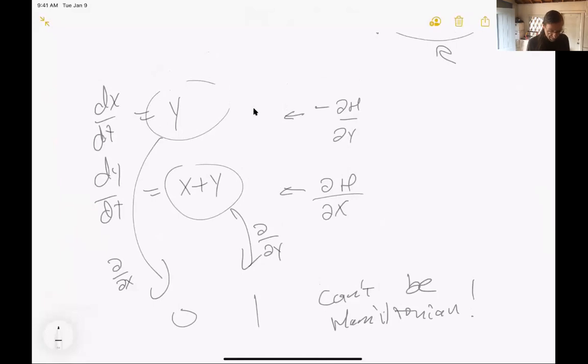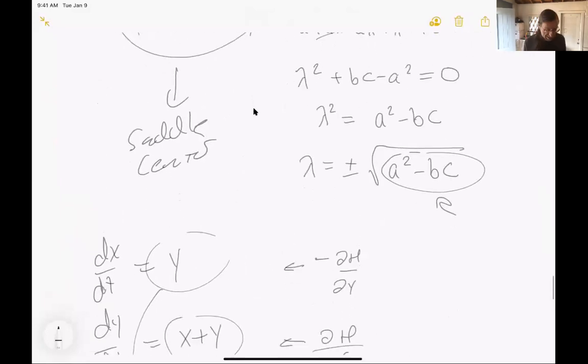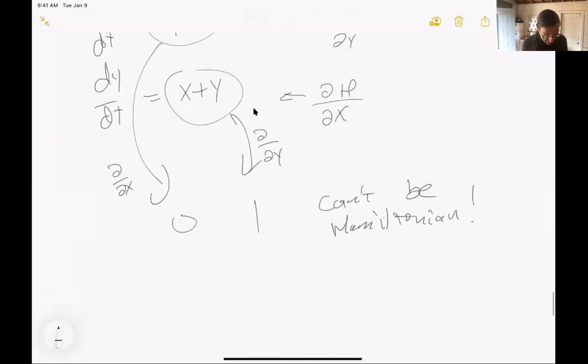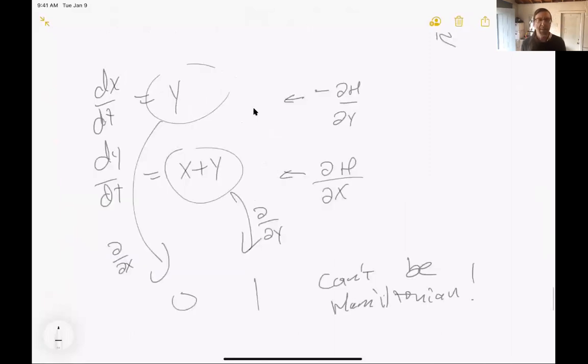So just a quick summary, because now we're really out of time. I'll go in backwards order. One way to check if you're dealing with a Hamiltonian system is to take the partial of the first function with respect to x and the second function with respect to y and see if they're equal and opposite. If they are, then it might be Hamiltonian.